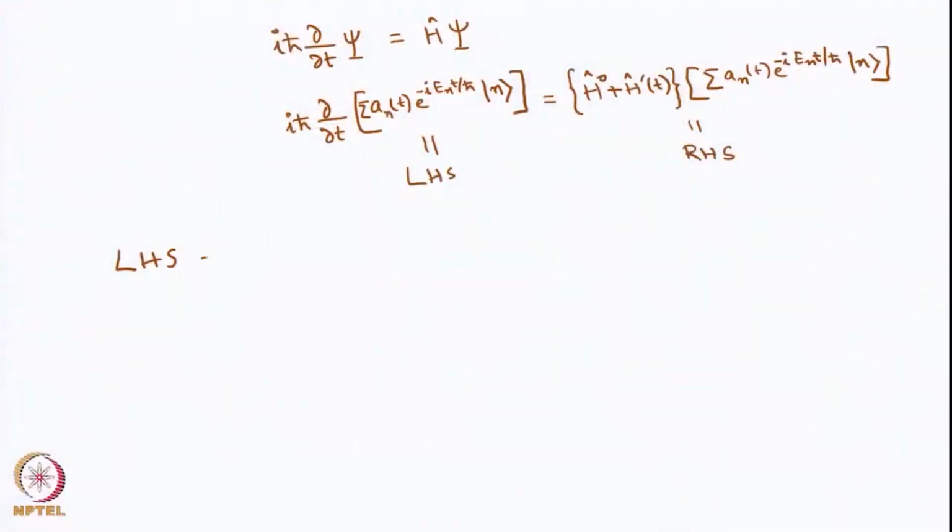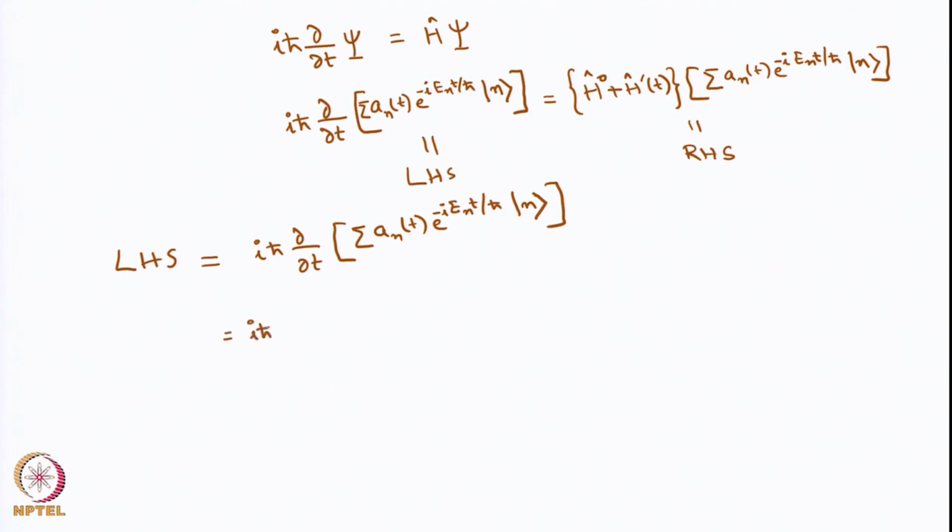LHS equals to i h bar d by dt of psi. This is nothing but sigma over n of a_n(t) e to the power of minus i E_n t by h bar psi_n.